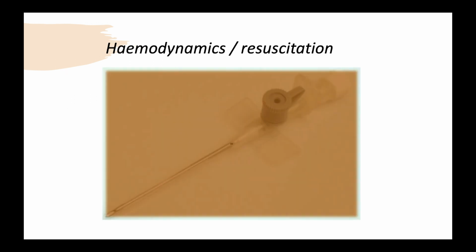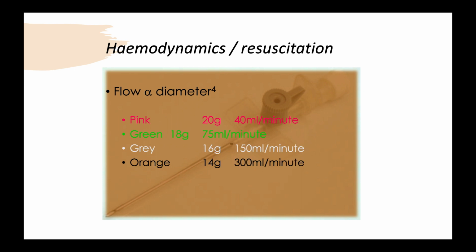And how would you resuscitate? You would consider using a wide bore or grey cannula. So here is a list of what you get. You definitely want to put in at least a grey, where you can give 150 ml per minute of fluid or blood, but obviously the quicker the better in this kind of resuscitation situation.